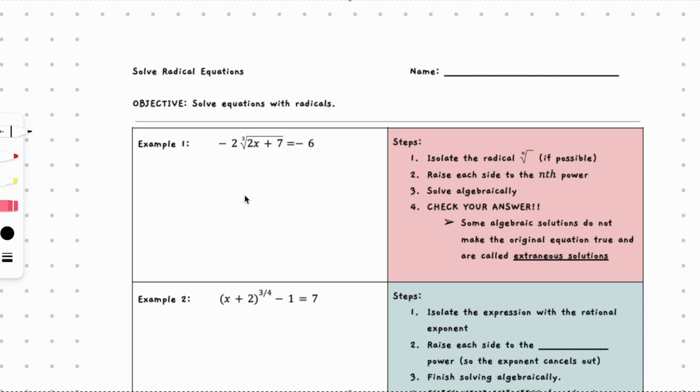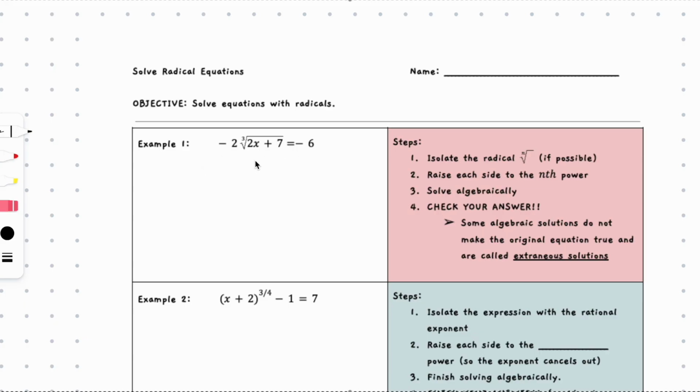When I say look at what we're doing to x, we're multiplying by 2, then adding 7, then taking the third root of that, and then multiplying by -2. So we want to go from the outside in. We first want to get this radical by itself, and we do that by getting rid of this -2. What's the opposite of multiplying by -2?